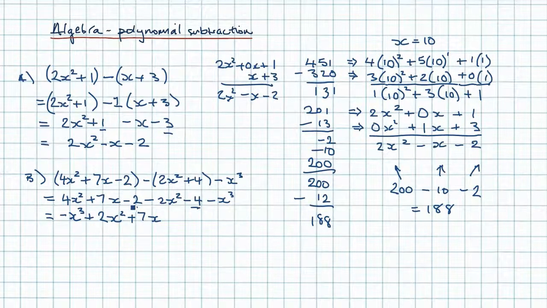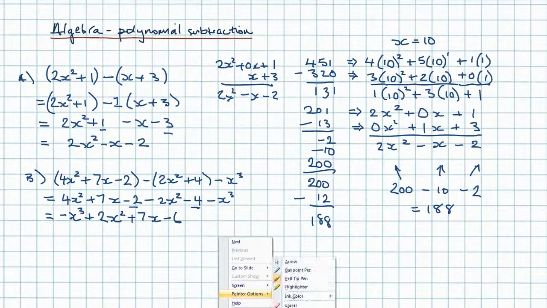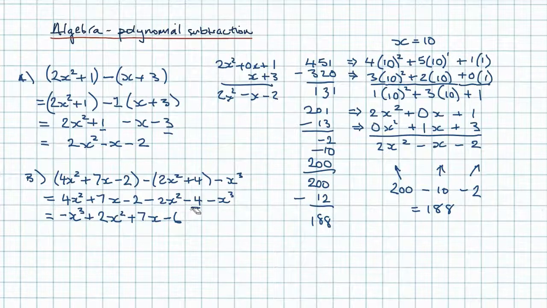Now here we've got a -2 and a -4. So what does this mean? -2 subtract 4. In other words, we're going further down into the negatives. -2 minus 4 is -6. Okay, so let's just erase these for neatness.